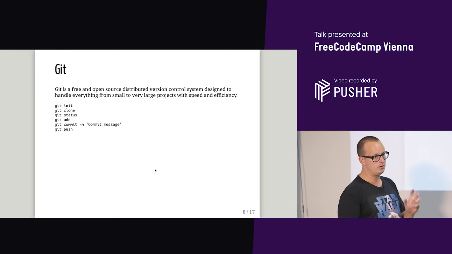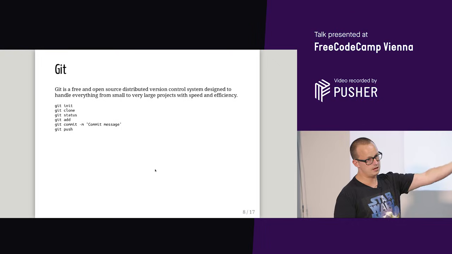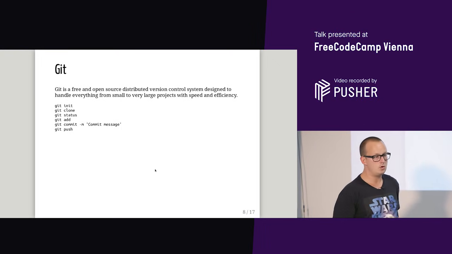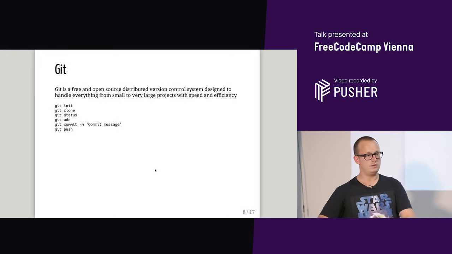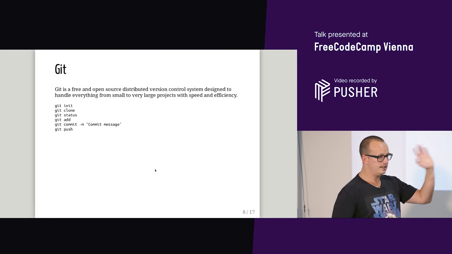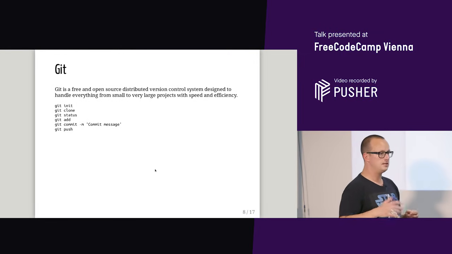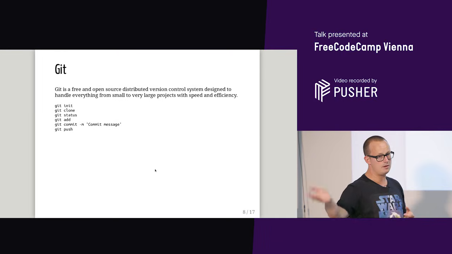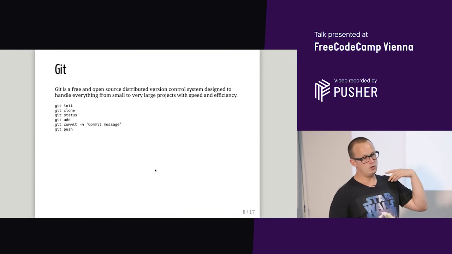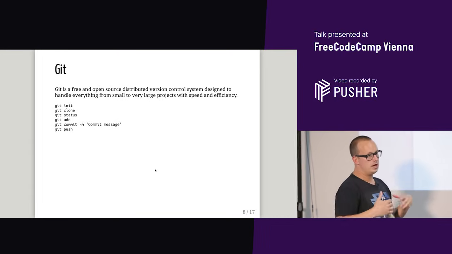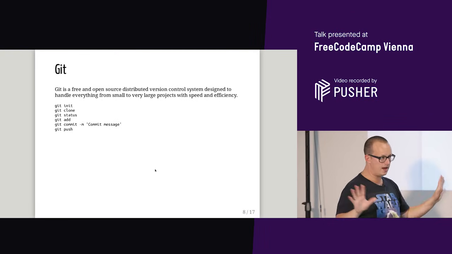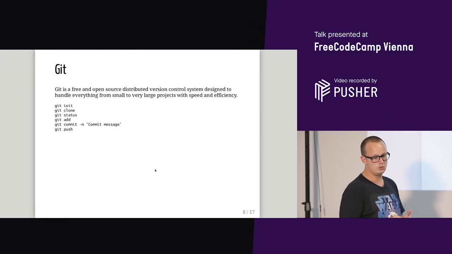You save it locally, but you can also choose to save it, for example, at GitHub or a private repository, so it's only available to you, but you know that if your computer crashes, it's still there, and you can pull it down. This also makes it easier to collaborate with other people, so that you can push your code, they can take that code down to make changes and simplify it, but that's part of what this tool does. And all this you can do from the command line.